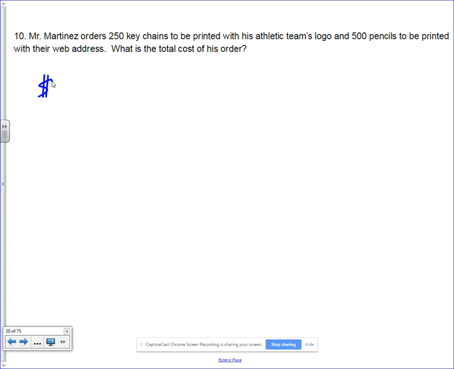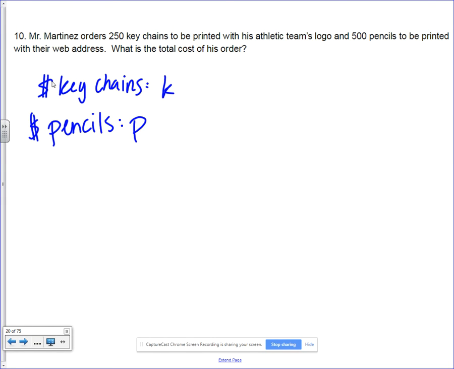I need the cost of keychains, and I need the cost of pencils. What do you guys want to use? Wonderful. So then what kind of expression did you write for me? Got it. Perfect. All right, I have 3 more left, right?